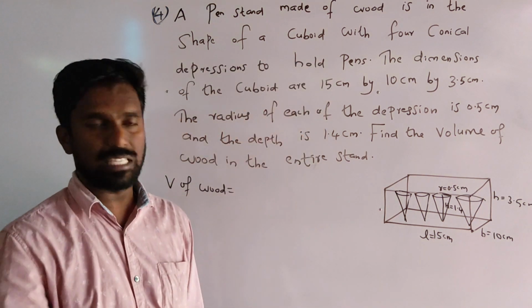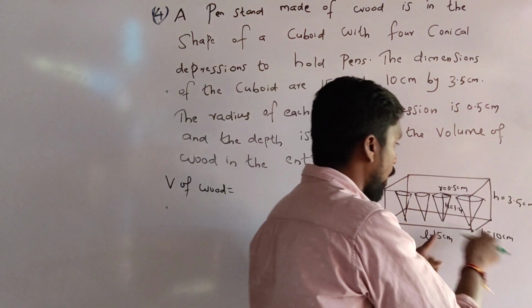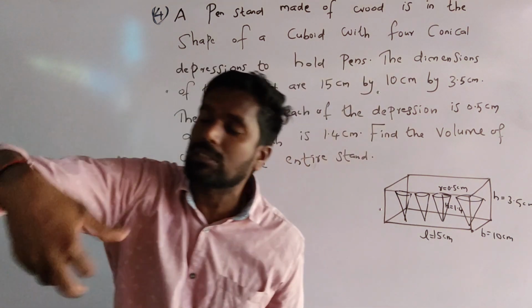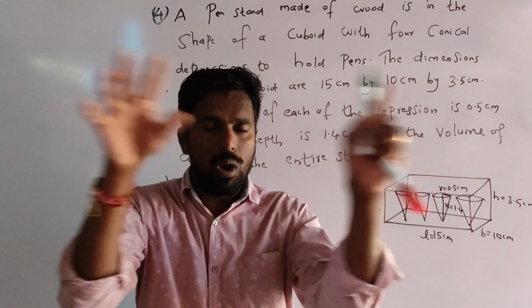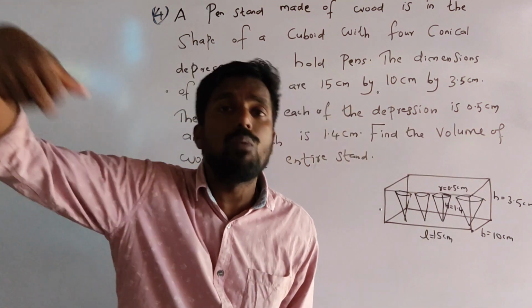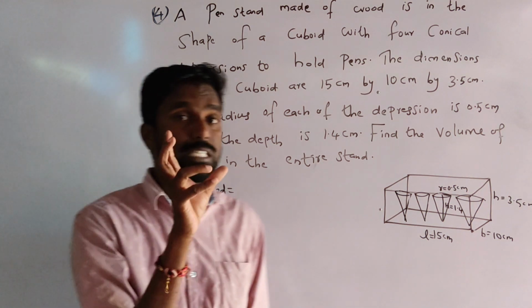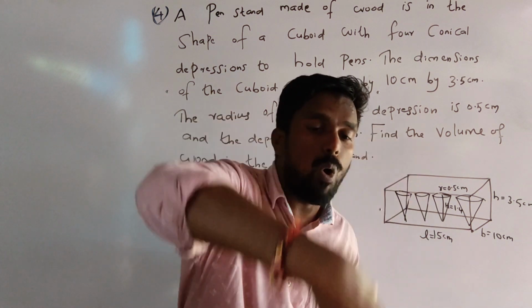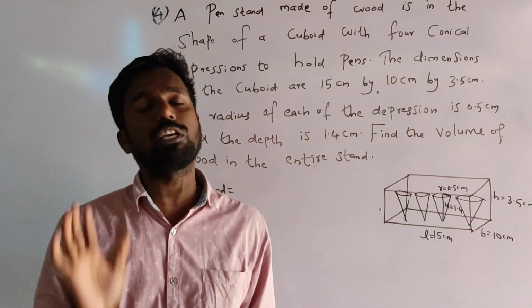Volume of wood means it is very simple. First of all, cuboid. From that cuboid, 4 cones are taken out. So volume of cuboid minus 4 into volume of cone. Why am I subtracting? Because I am taking 4 conical depressions from the cuboid.